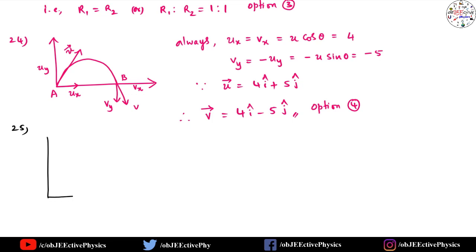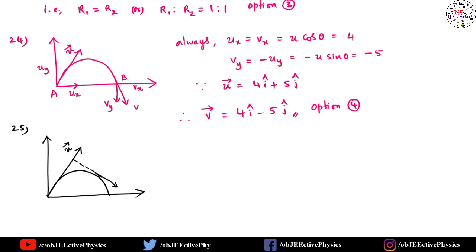Here in 25th question, after a particular time, instantaneous velocity is perpendicular to the initial velocity or velocity of projection. This u bar is assumed as velocity of projection.